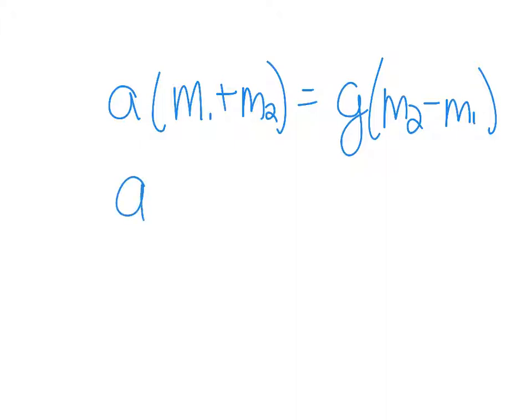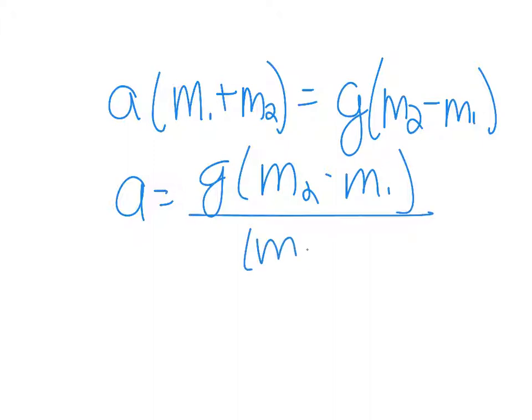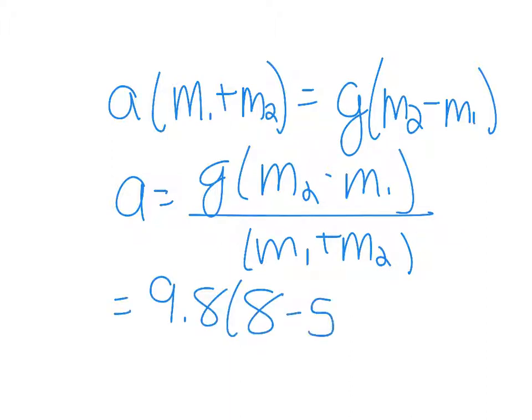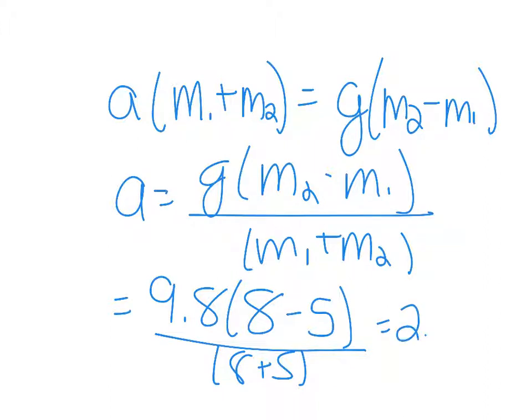I'm solving for A, so my final answer, before I plug in numbers, will look like this. At this point I can plug in my numbers, so gravity is 9.8. I have m2, which is 8, minus 5 over 8 plus 5. So for my final answer, I'm going to get 2.26 meters per second squared.